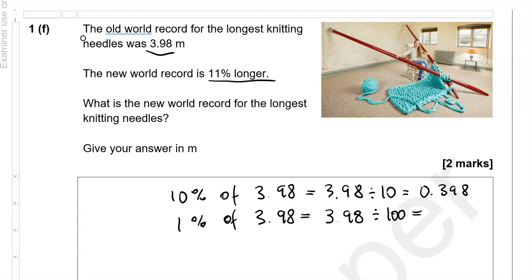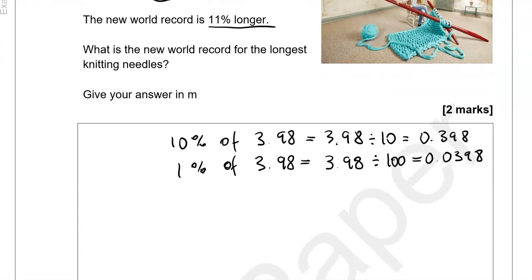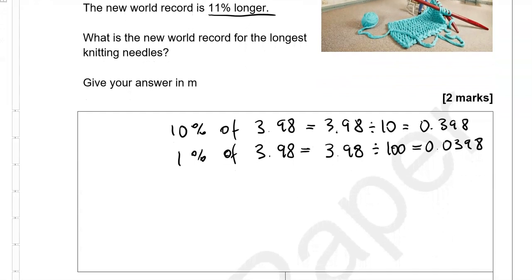So this is then moving the decimal point 2 places to the left to make the number even smaller than the previous one. So we get 0.0398. Now adding these two together, we get 0.398 add 0.0398.